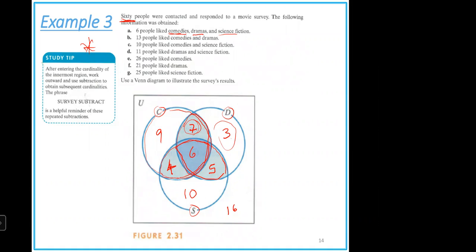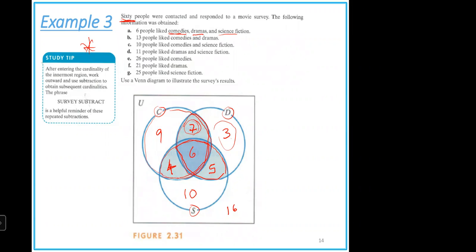So we start with the innermost. A lot of people make the mistake where it says in B, 13 people like comedies and dramas, they go and put the 13 where that 7 is. No, if you put 13 where the 7 is, then that 13 and 6 would give you 19. So that would be 19 persons falling in that instead of 13.